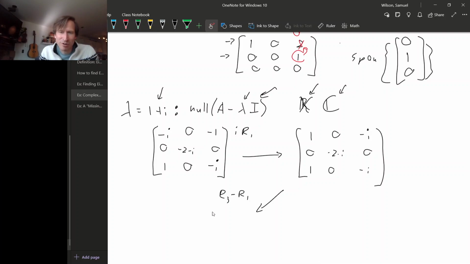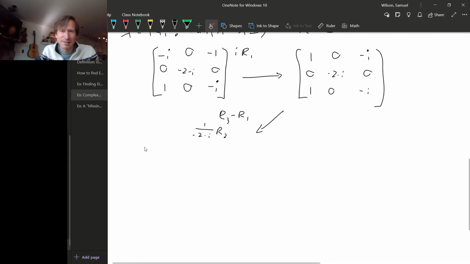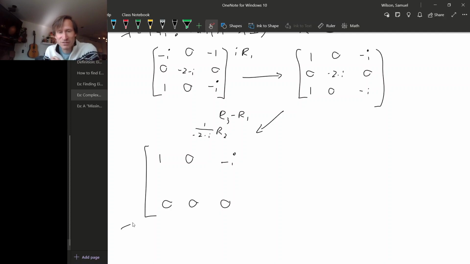And then also, while we're at it, why don't we do row 2 divided by minus 2 minus i. So 1, 0, minus i. The third row is going to turn out to be 0, 0, 0. So we are getting our row of zeros.